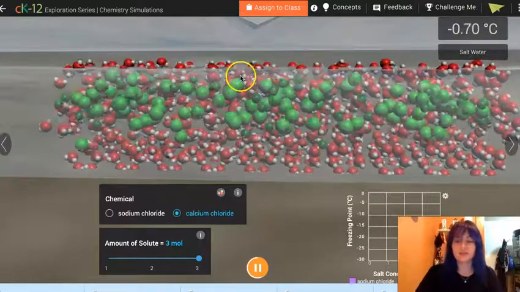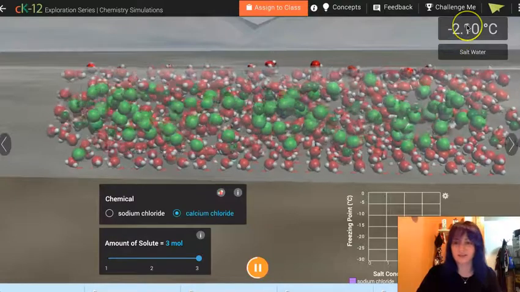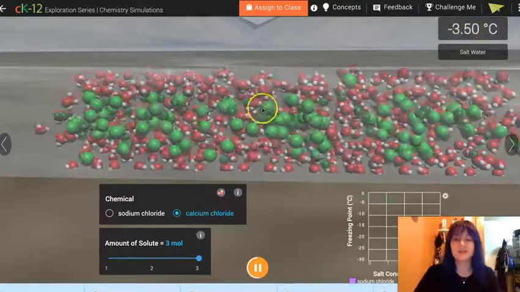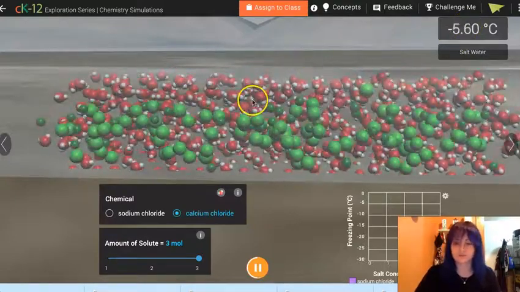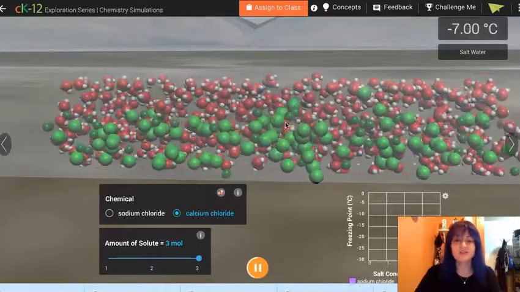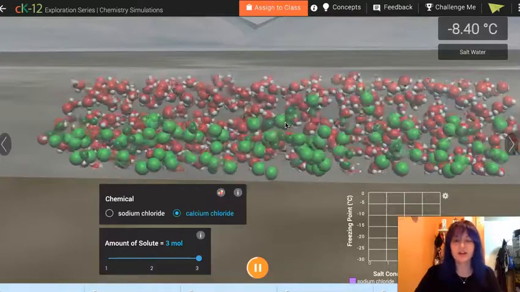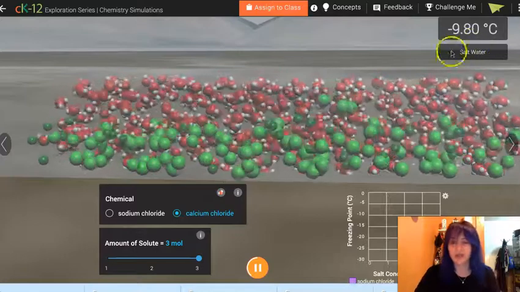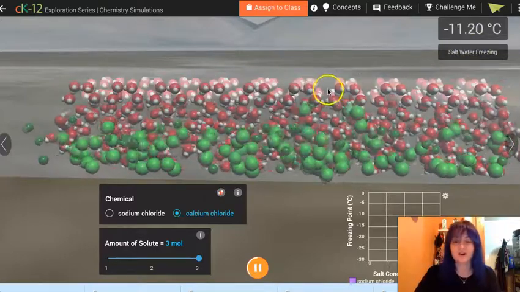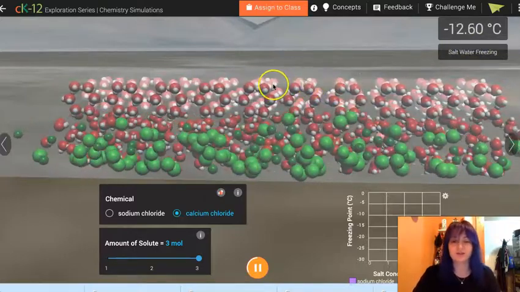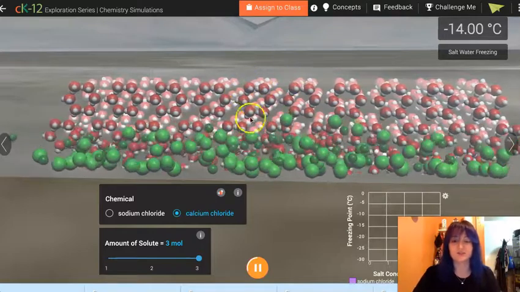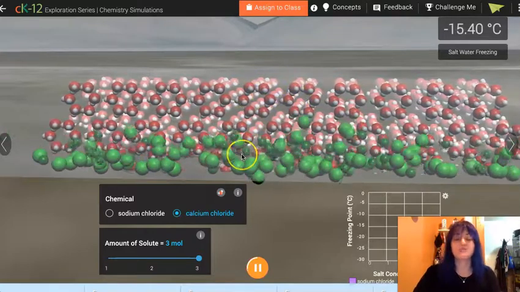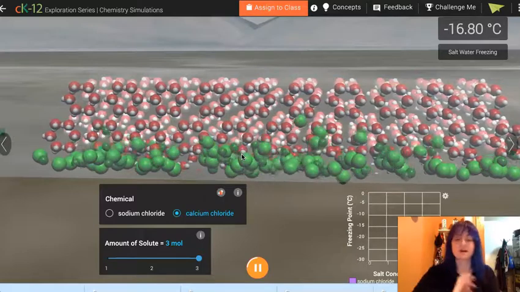And as you continue to cool this, as the temperature continues to drop, you can see that you still have salt water present. Eventually you will drive enough energy off of the solution that you will start to see the water freeze up again. So you're starting to see that rigid crystal structure form and the salt fall down to the bottom.